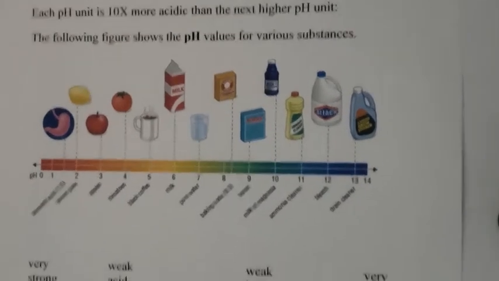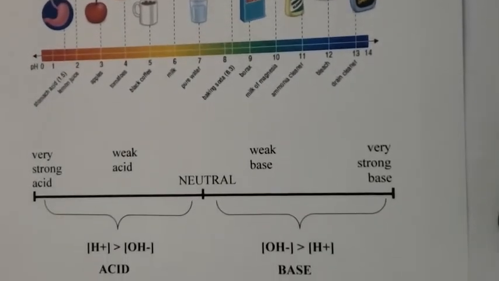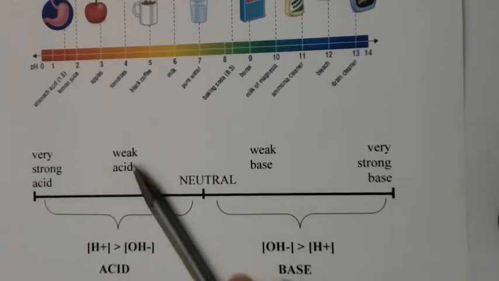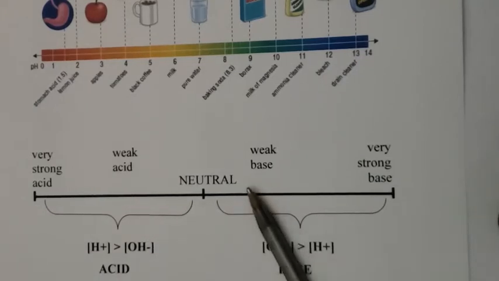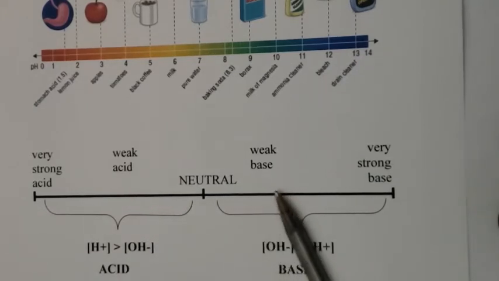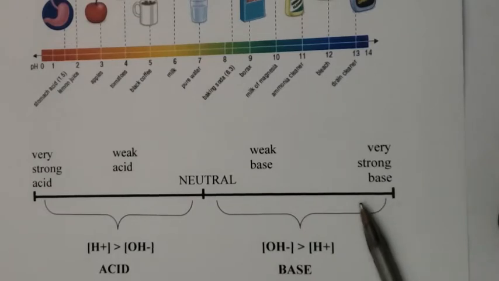So if I look at this little comparison down here, the smaller the number, the closer we get to 0, the stronger the acid is. So if you had a pH of 6, that would be considered a weak acid. 7 is neutral, maybe 8, 9 is a weak base, something like 13, 14 is a very, very strong base.